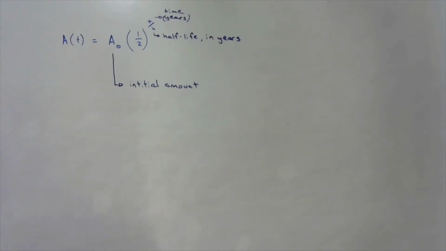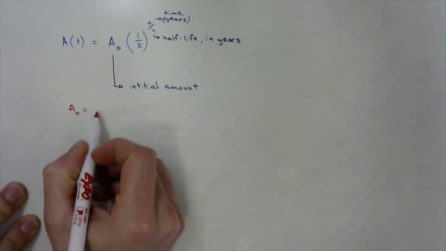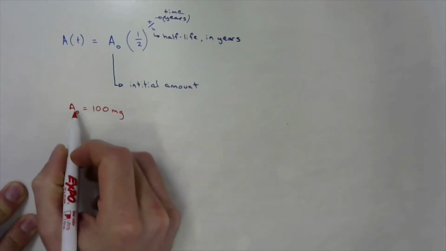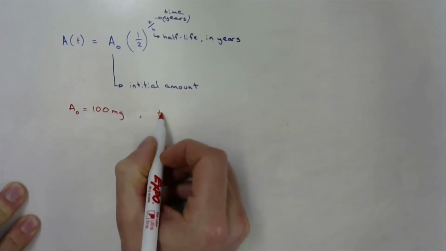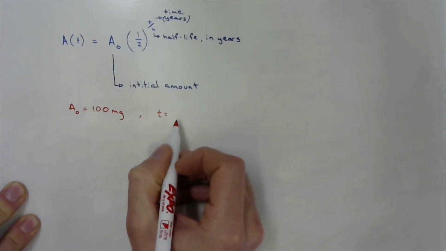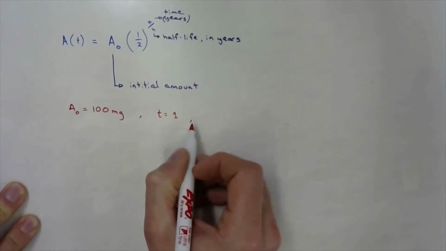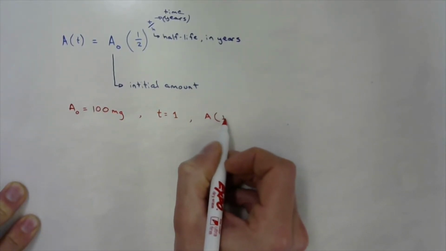So with the scenario that we're in, let's just list the things that we know. We know the original amount is 100 milligrams. That's A naught, the initial amount. We know that T is given as 1. And we are told the amount that remains after 1 minute.